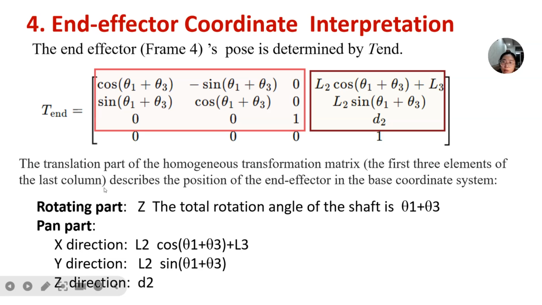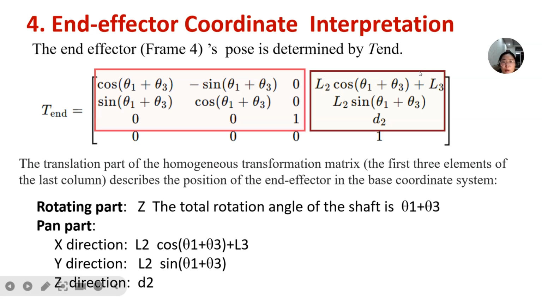The rotation axis of the end effector is the z axis, because the third column of the rotation matrix is 0, 0, 1, indicating that the z axis direction is unchanged.